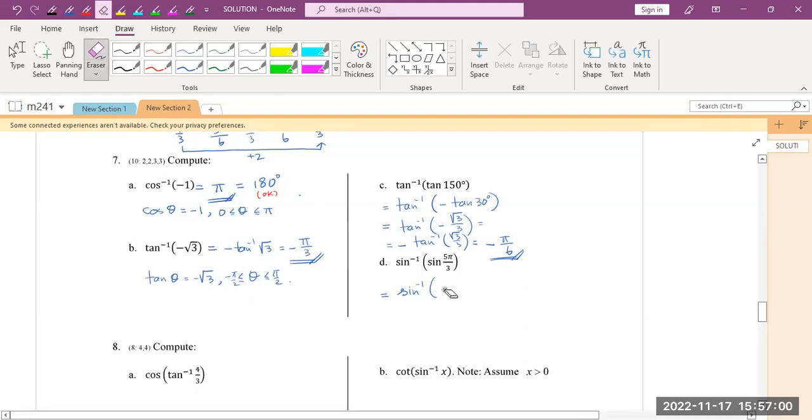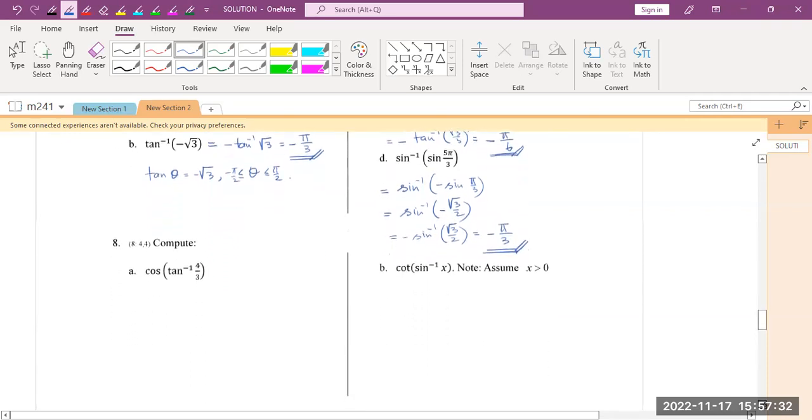Sine is still negative in quadrant 4, but the reference angle is pi over 3. So sine inverse of negative sine pi over 3, which is radical 3 over 2, is negative sine inverse of radical 3 over 2, which is negative pi over 3.